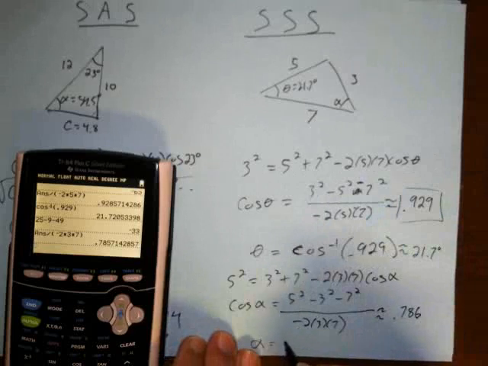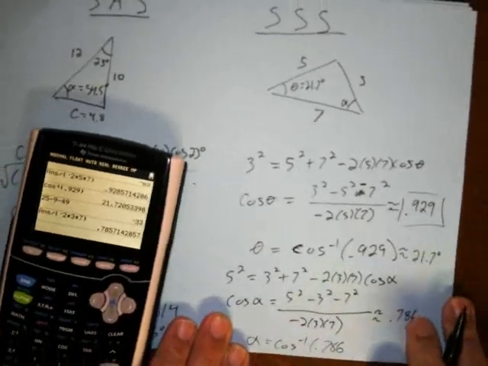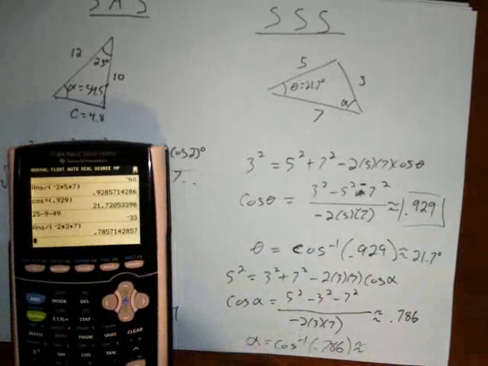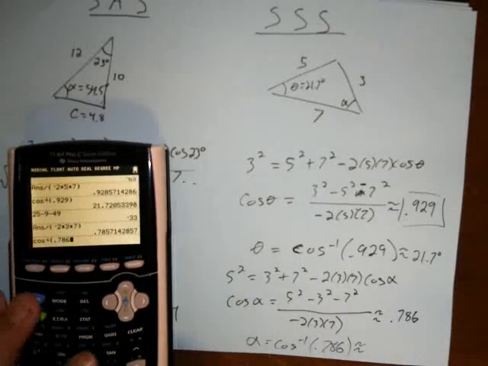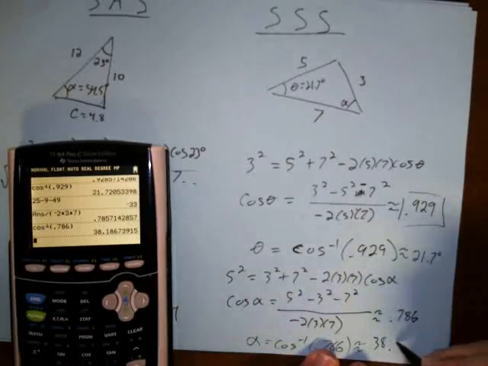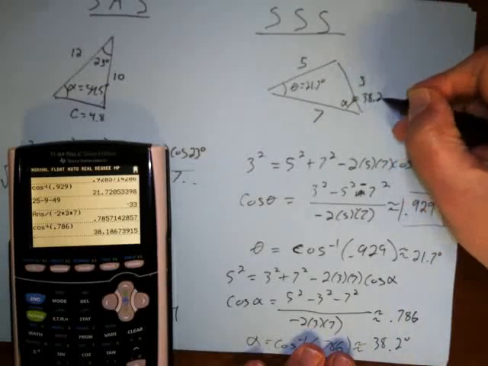So alpha is cosine inverse of 0.786, which is 38.2 degrees.